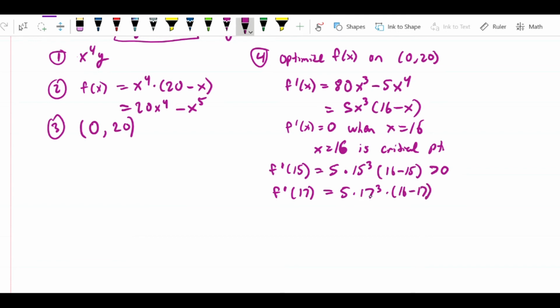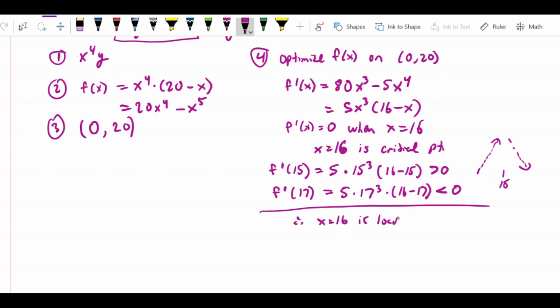That's a positive number times a positive number, and 16 minus 17 is negative 1, so that's less than 0. So the function is traveling up and up, then it gets to the critical number of 16, and then it's traveling down. We know that because of the sign of the derivative. So the first derivative test shows that x equals 16 is the location of a local max.